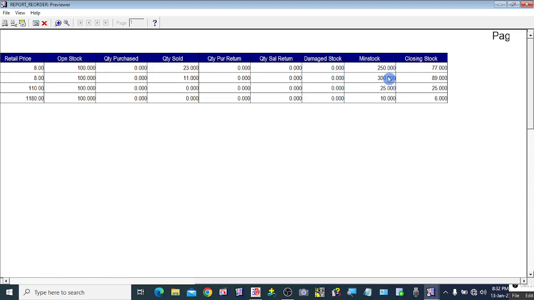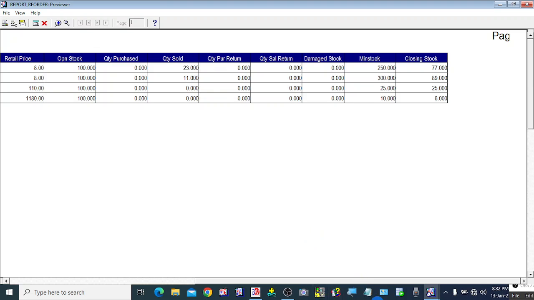Second item, 300 is the minimum stock level we have set up, and at the moment there is 89 quantity of this item. Third item, 25 is the minimum stock and 25 is the physical stock in our store.